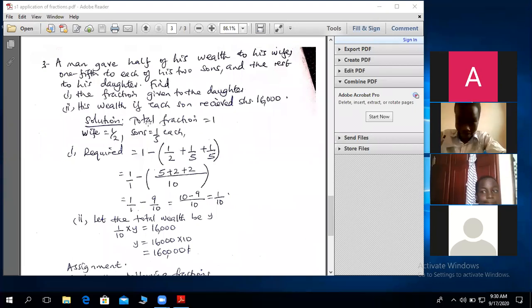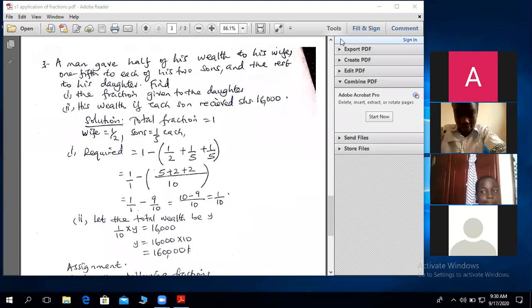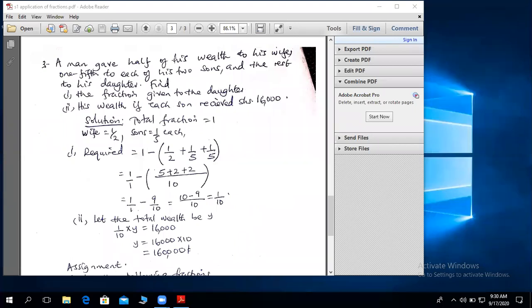So let's look at this one, number 3. This is what you do every day at home with your parents, so it should not confuse you. Let's say this is your grandfather, and he has given your grandmother half of his wealth. Then 1/5 to each of his 2 sons.